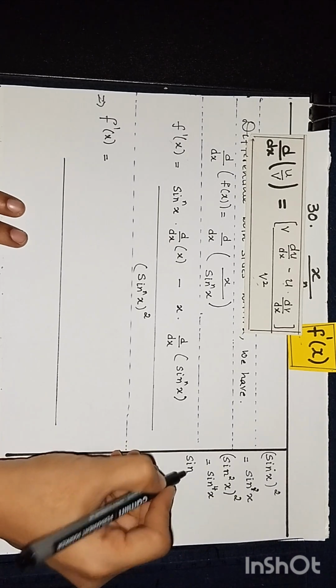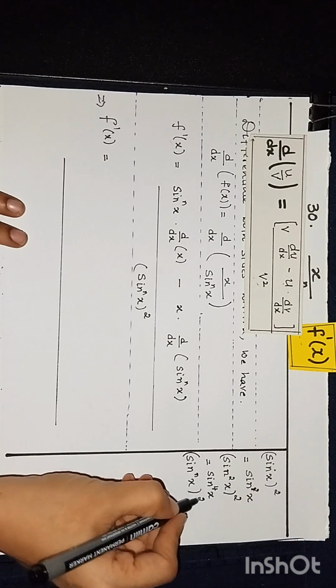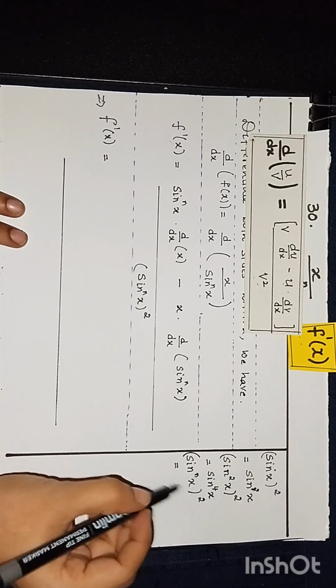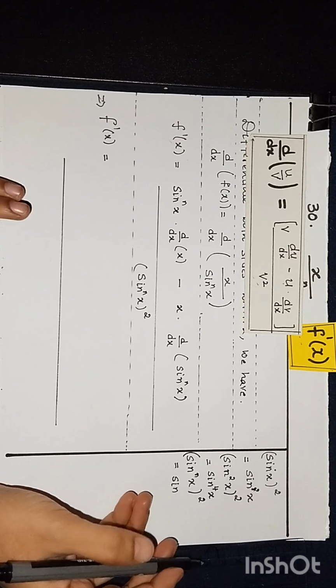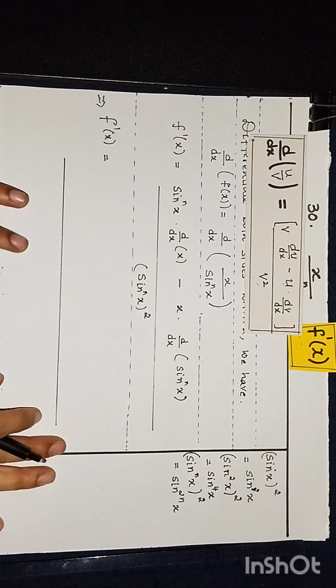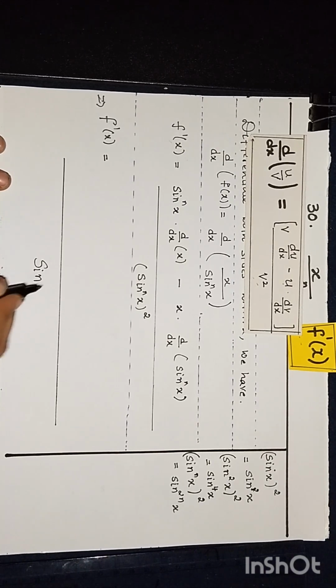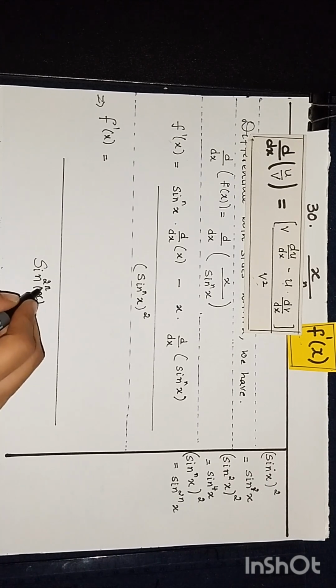So now you have sine to the power nx the whole square. So you have to multiply, n into 2, n2 or 2n, both are same, x. Okay, so in the denominator you will write sine to the power 2nx. So I'll just write the bracket to avoid confusion.